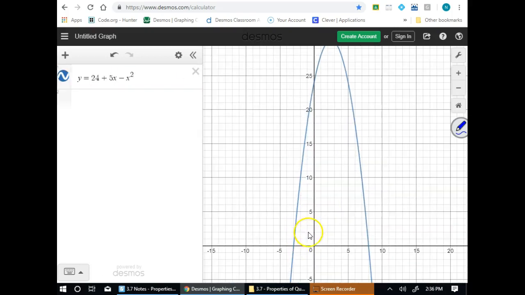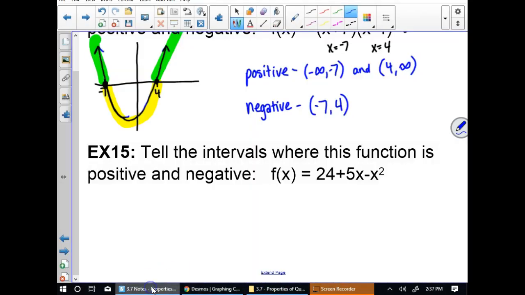And if you click on the graph here, it'll show you that you have an x-intercept at negative 3 and another one at 8. So if we just sketch ourselves a little graph here, we've got negative 3 and positive 8, and this one is upside down.